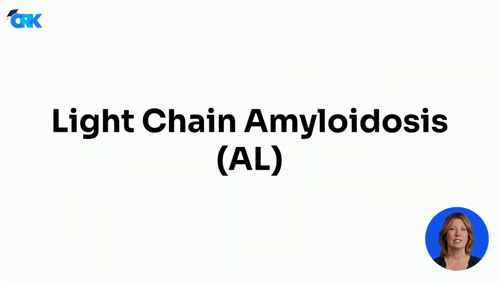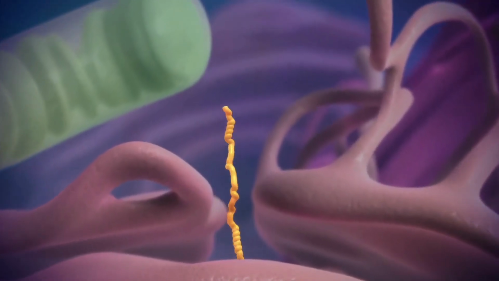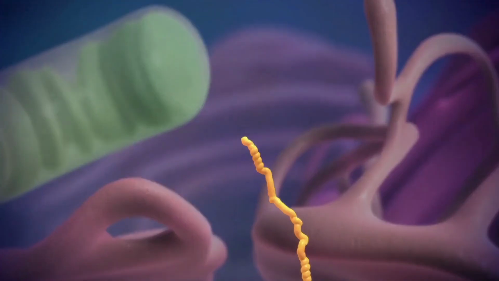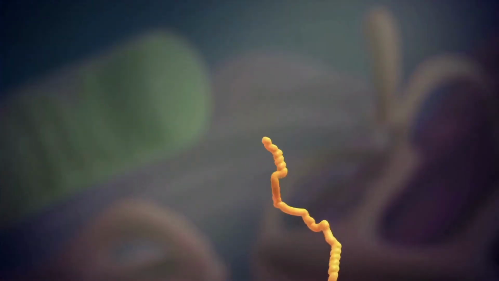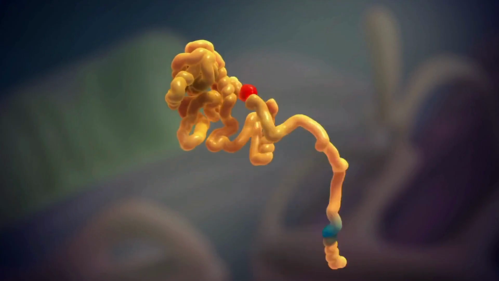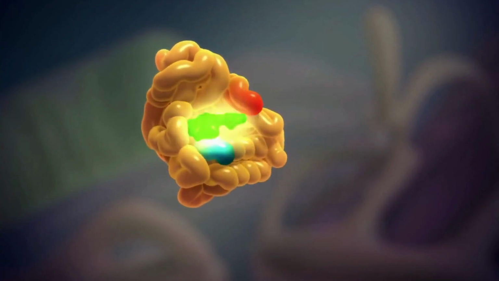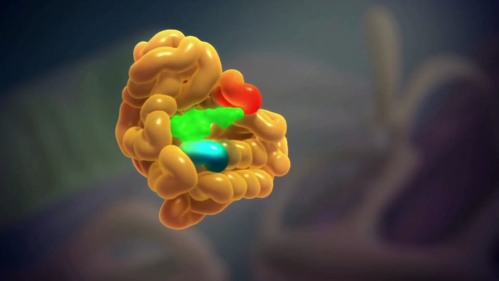The second type is systemic light chain amyloidosis, or AL. Proteins are important molecules involved in almost every structure and function within our cells. They are made up of chains of smaller units called amino acids, which fold themselves into 3-dimensional structures. Folding allows the protein to work properly and interact with other molecules.